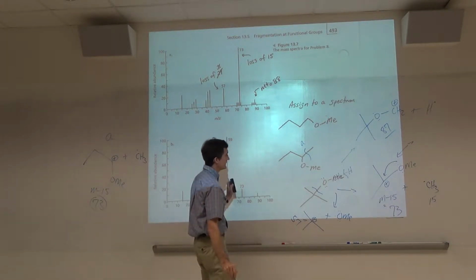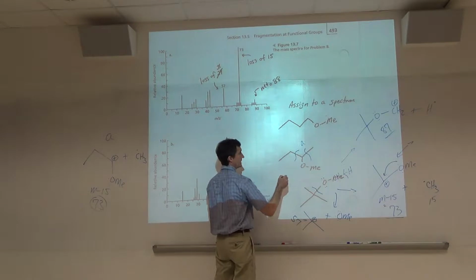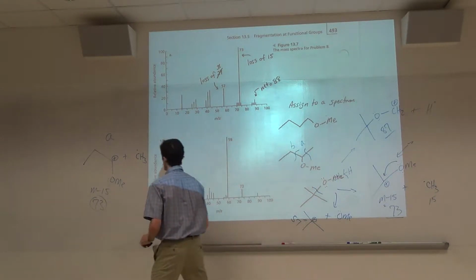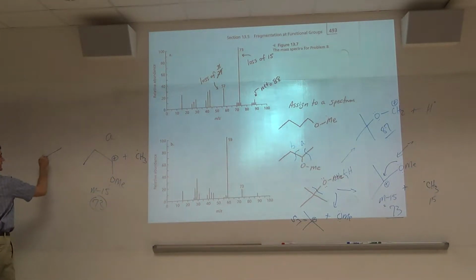Where else could you cleave? On the other side. Call that B. And we would get O-methyl cation here. We cleave the other, which is going to be an ethyl radical. This would be M minus 29, ethyl radical. 88 minus 29 is 59.